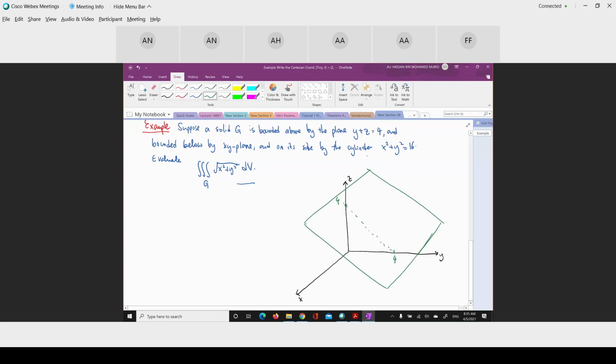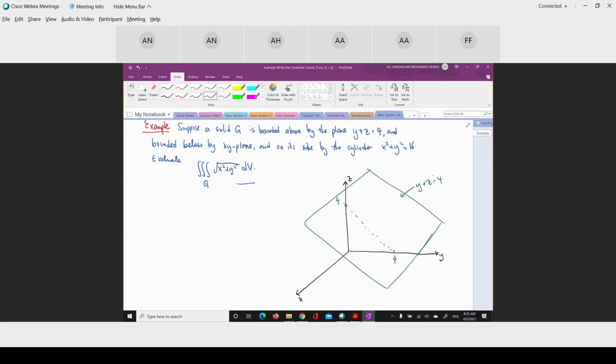Can you imagine this plane? Because the equation is independent of x, right? It is only y plus z equal to 4. So the plane is parallel to the x-axis, containing the line y plus z equal to 4.